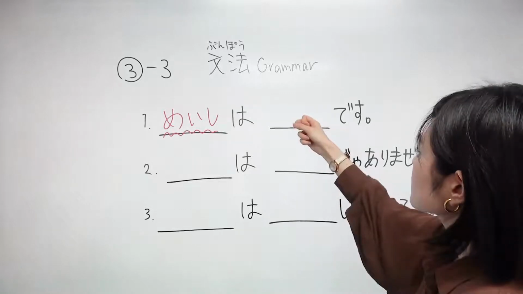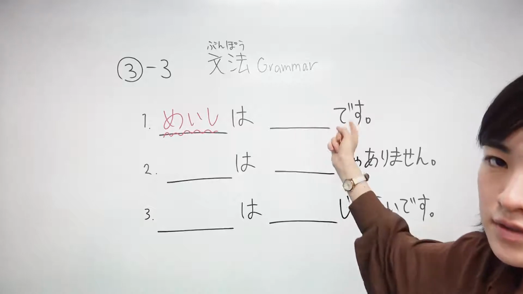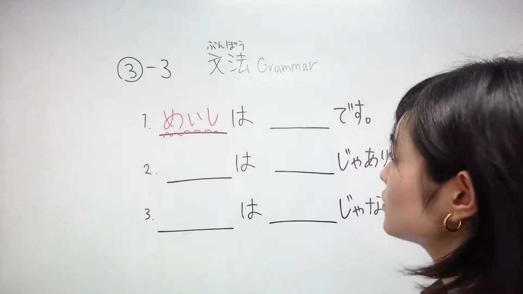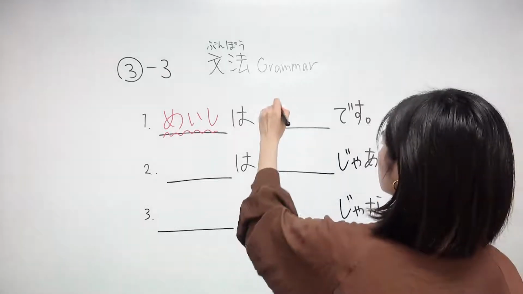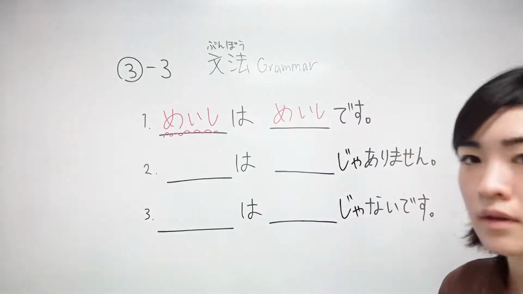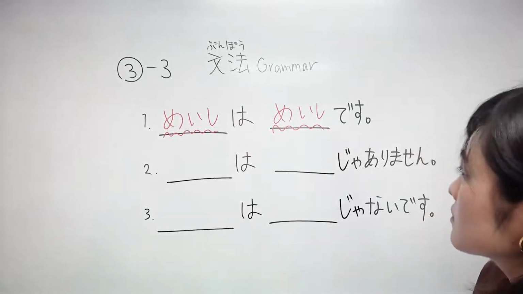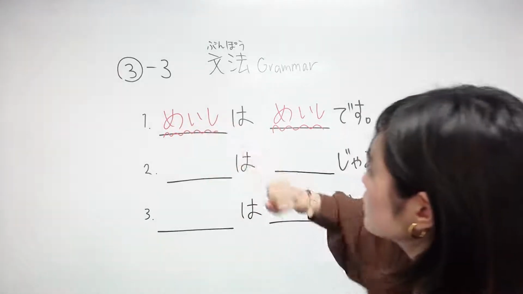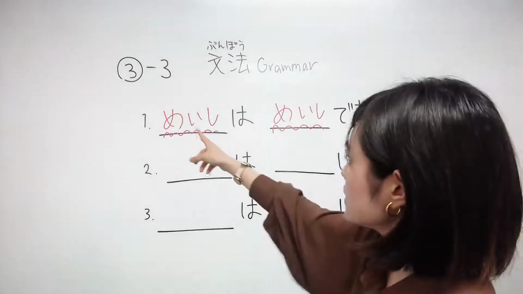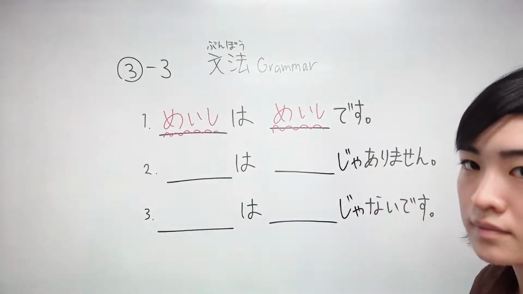Okay, next one. 私は学生です. 学生, this is student, right? Student is also a noun. So, 名詞. So, noun は noun です. 名詞は名詞です.